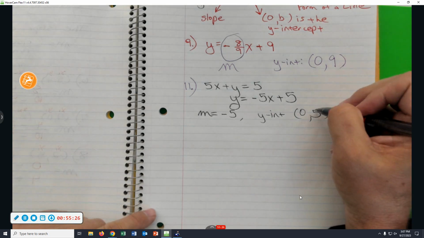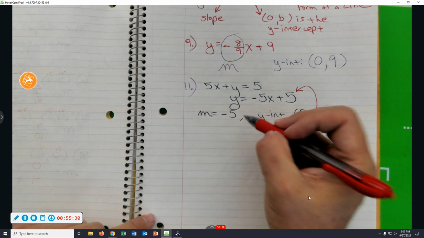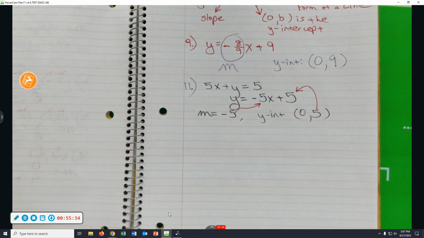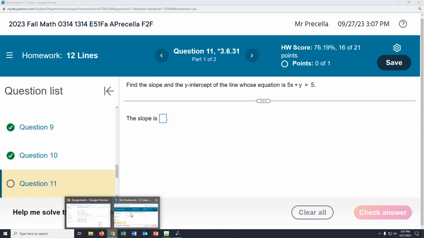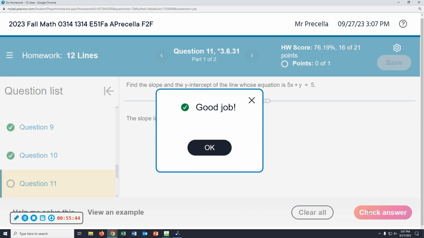Realize this 5 came from right there. The negative 5 came from there. Any questions on our logic? Negative 5. Check the answer.